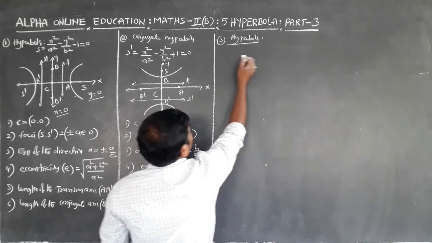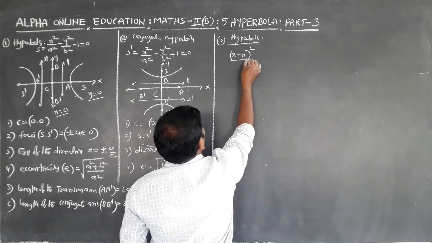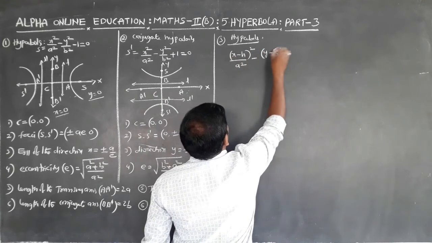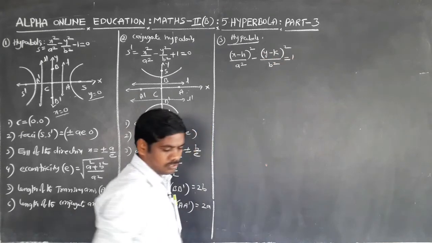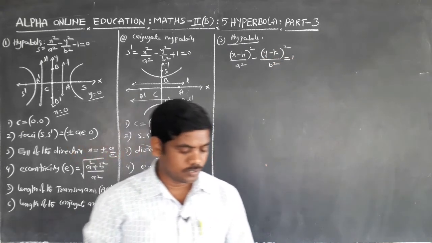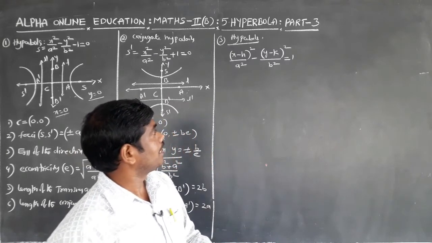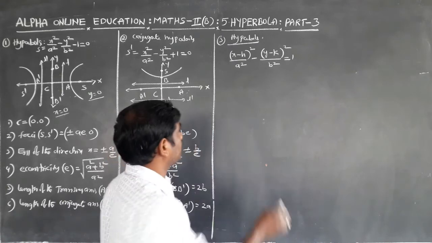Origin shifted to h comma k means (x minus h) whole square by a square minus (y minus k) whole square by b square is equal to 1. This is the hyperbola.